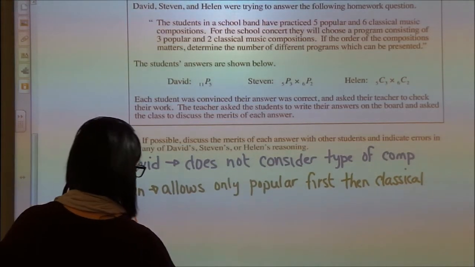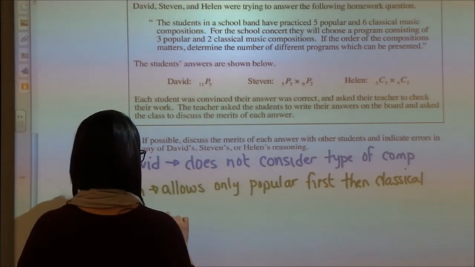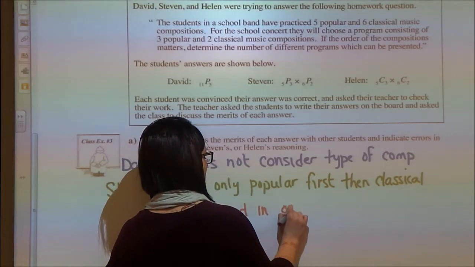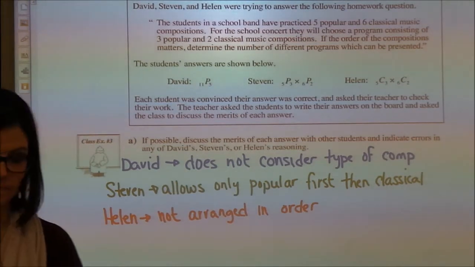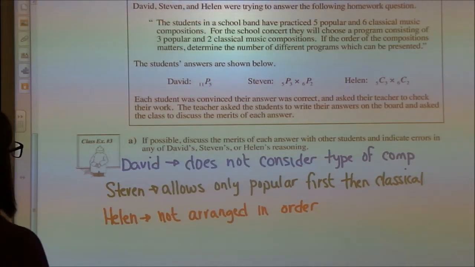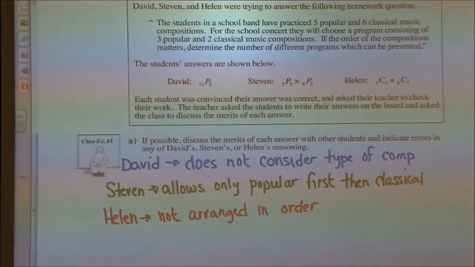Okay, so what about Helen? She didn't consider order. Yeah. So she considers the number of selections possible, but they're not arranged in order. So this right here, this is picking any 3 of the 5.